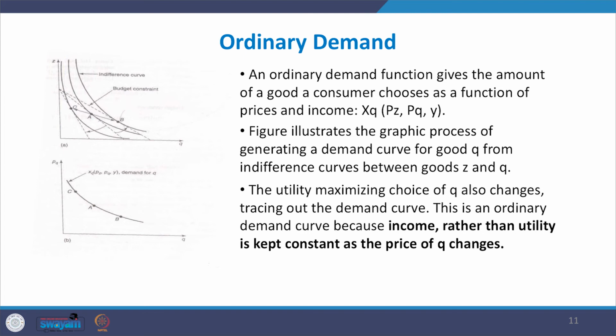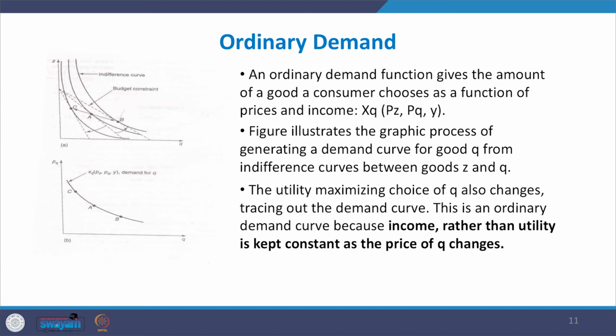So, in the ordinary demand curve the most important thing is that income is kept constant and utility is varying when the price of the product changes. So, with the change in the price of the product and income given, the welfare of the consumer also varies.